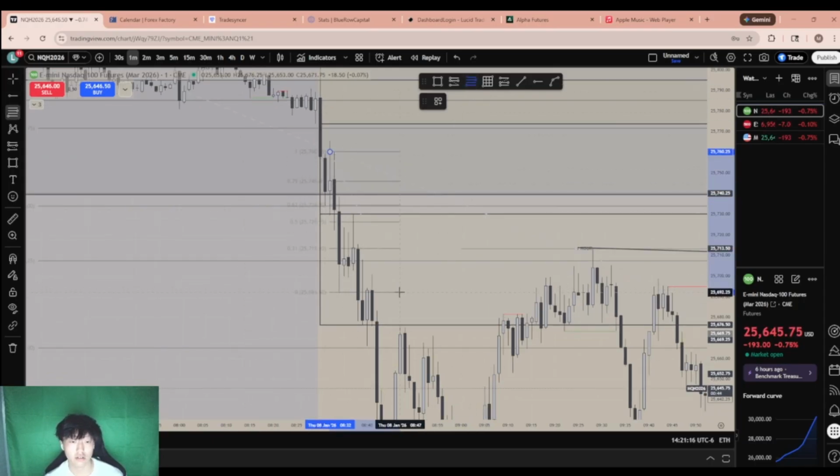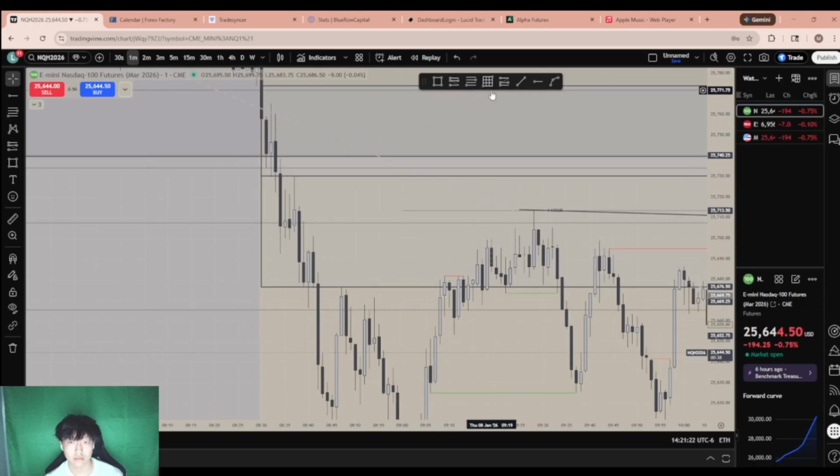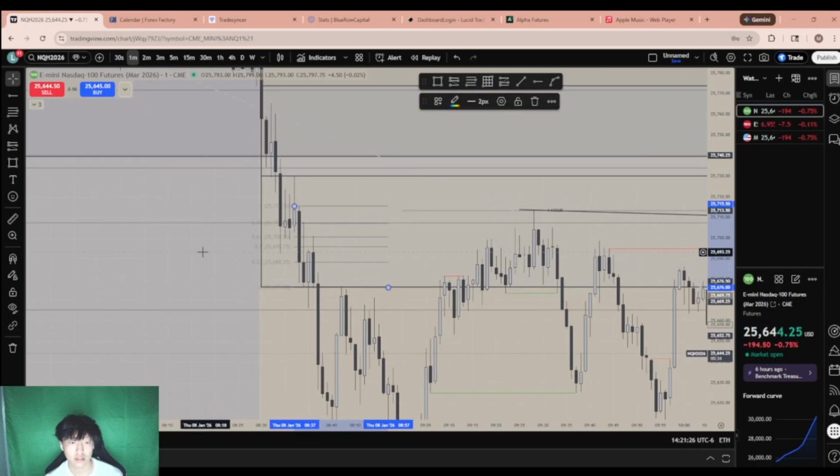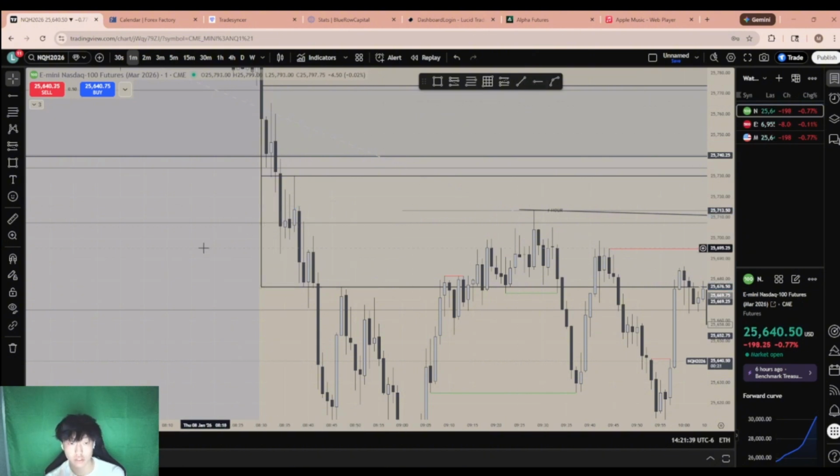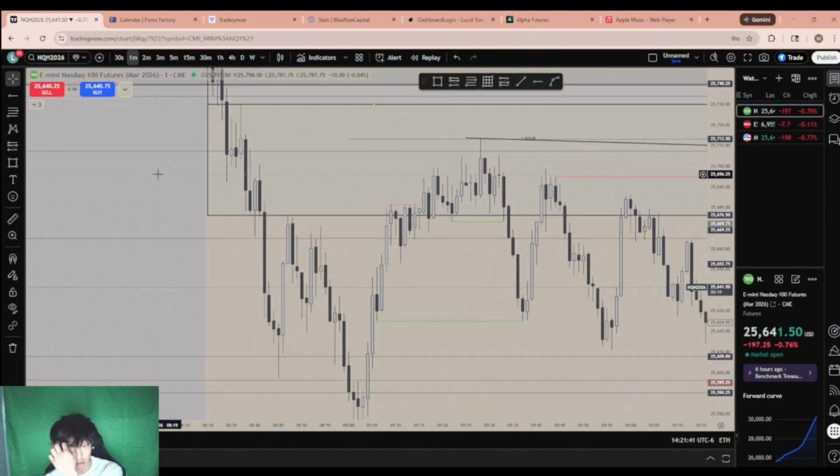This down leg right here, this one gets hit at the 0.5 mark. There's this down leg right here, this one gets hit at the 0.62 mark right here, and it reverses. So 0.62 is the highest resistance part of it.